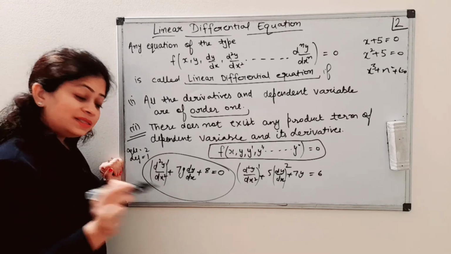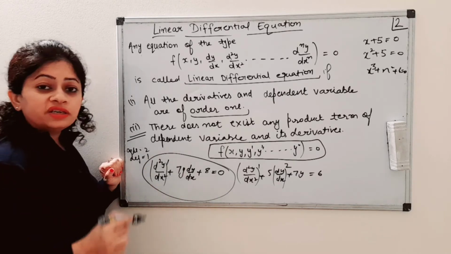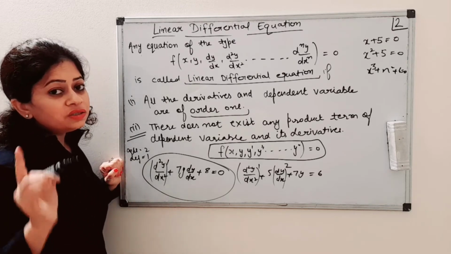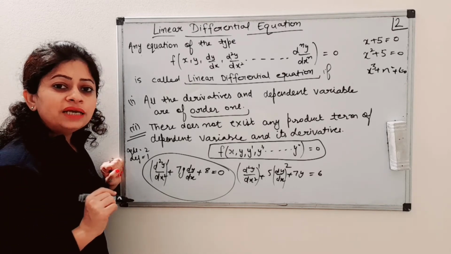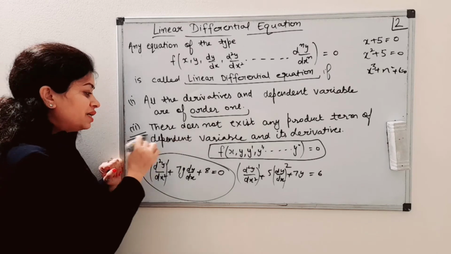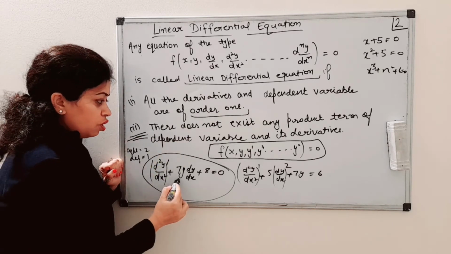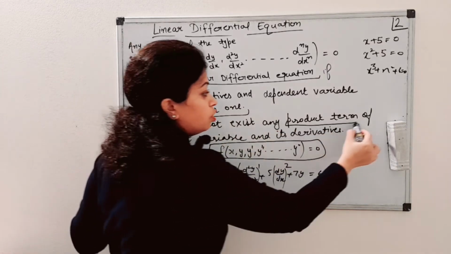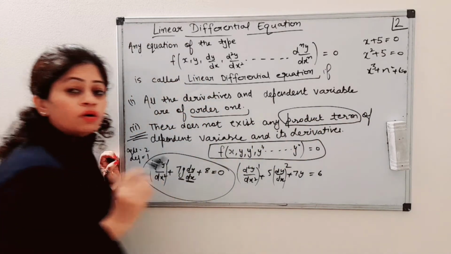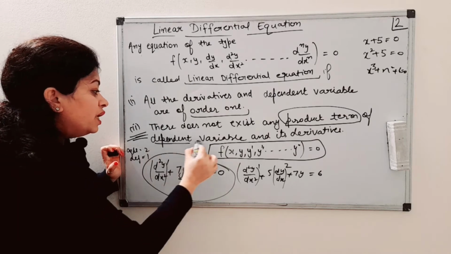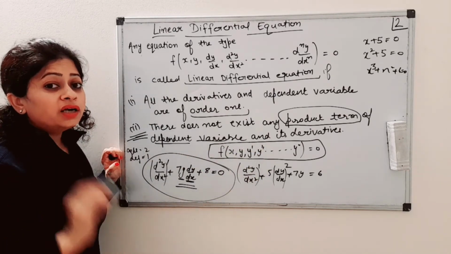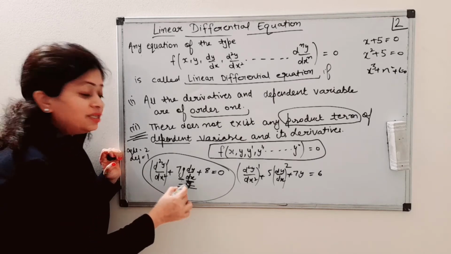But is this ordinary differential equation linear? No, this is not linear, because it does not satisfy the second condition. What is the second condition? That it should not multiply. We should not have a product term of the dependent variable and its derivative.